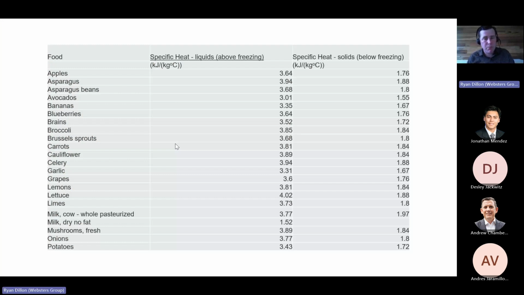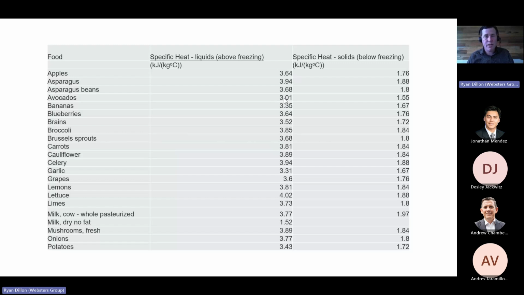So you can see here a few products and what we call the specific heat, which is the energy required to change 1 kilo of product by 1 degree. And here you can see, for instance, we've got carrots requiring 3.81 kilojoules per kilogram. And if you were to have avocados, that would use less electricity because there's less heat demand to actually chill that product per kilo.